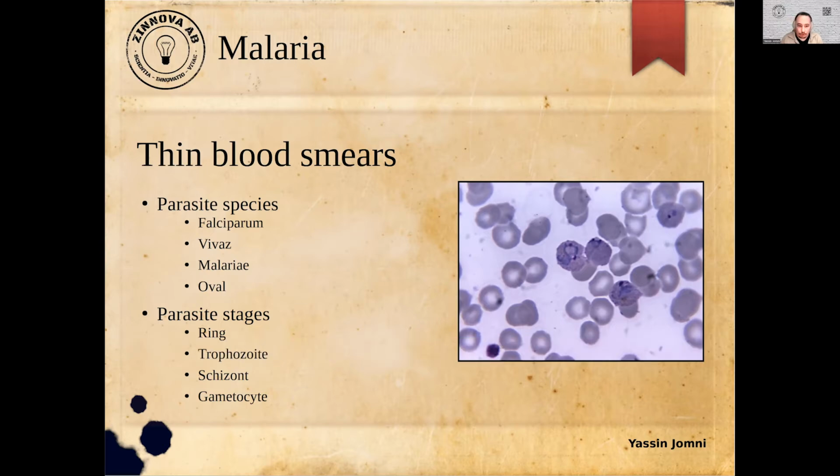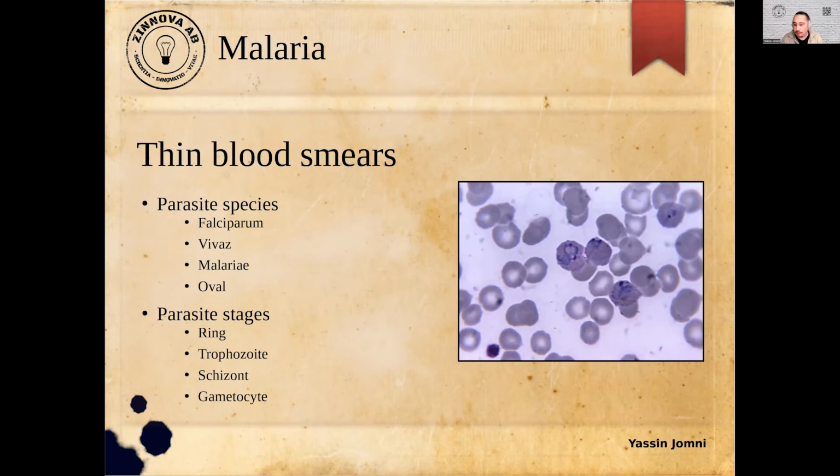Usually it's research labs that use this method because the main gain of this method is if you want to know the parasite species and the parasite stage. But usually the parasite species doesn't differ that much. In a country, you know what kind of parasites you have. So it doesn't change that often.